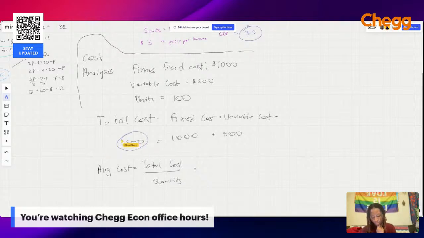It's going to be 1,500 divided by 100, and we got that from here. So that total is going to be just $15 per unit, and that's how you find the average cost. Basic math. And that is going to be the average cost per unit. And that's just a basic cost analysis problem.